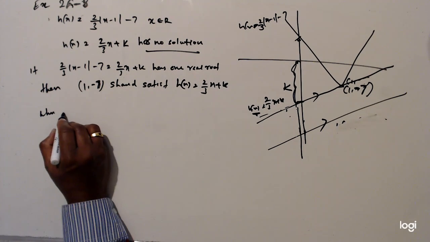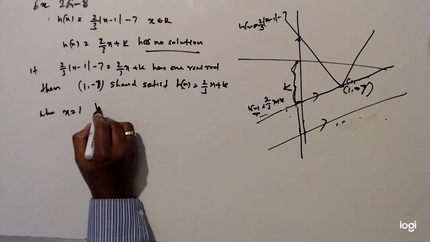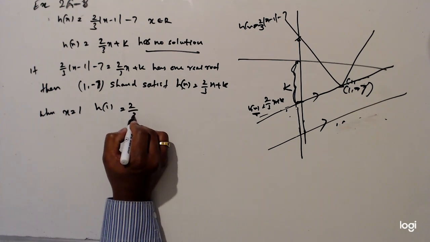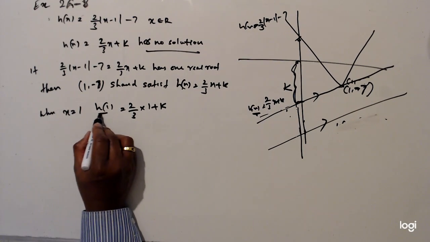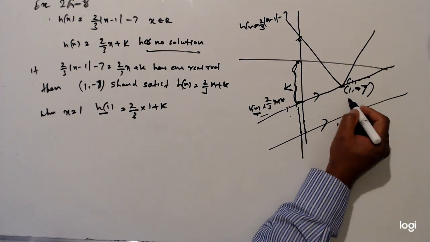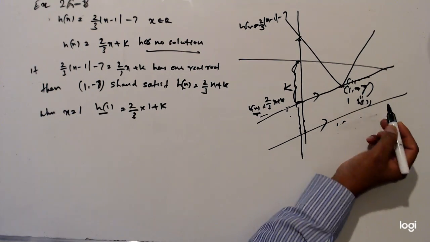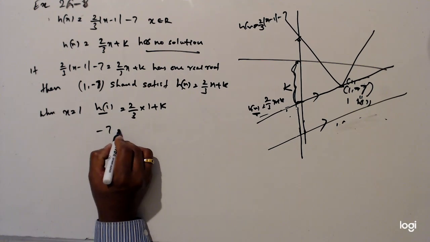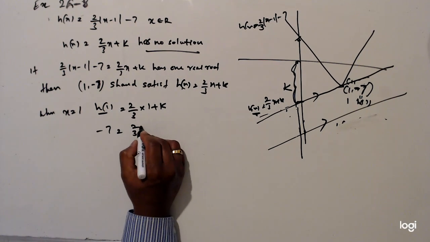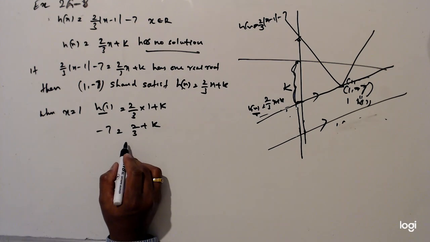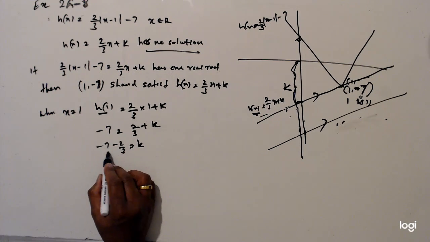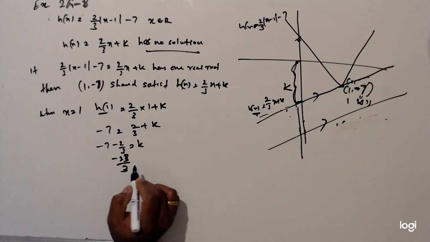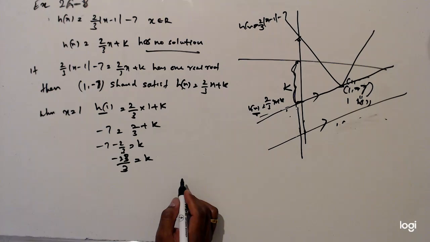So when x equal 1, h1 equal 2/3 times 1 plus k. What is h1 now? So this is 1, this is the h1 value. h1 is minus 7. So then minus 7 equal 2/3 plus k. So k equal minus 7 minus 2/3. So minus 23 over 3 equal k.